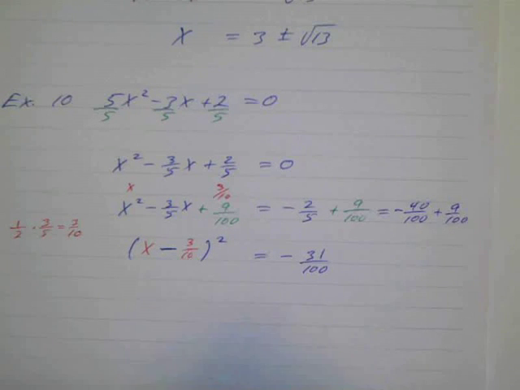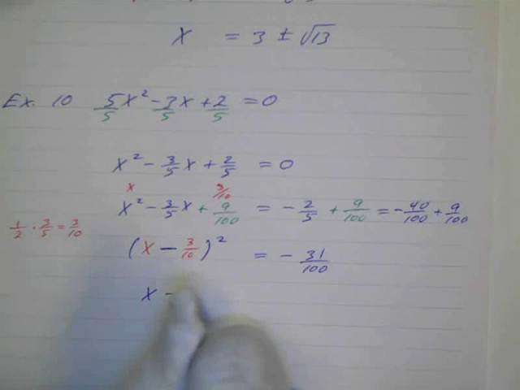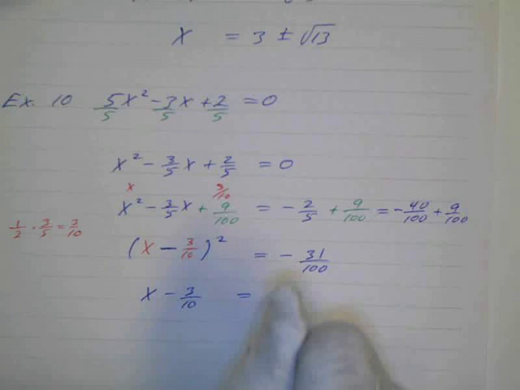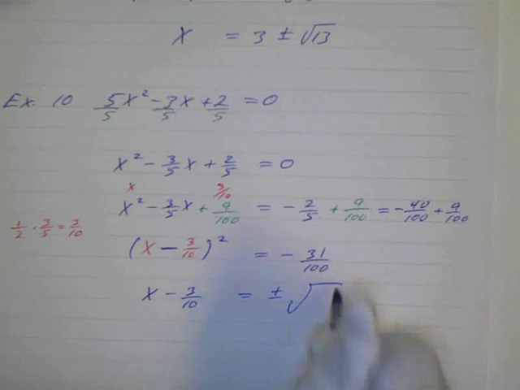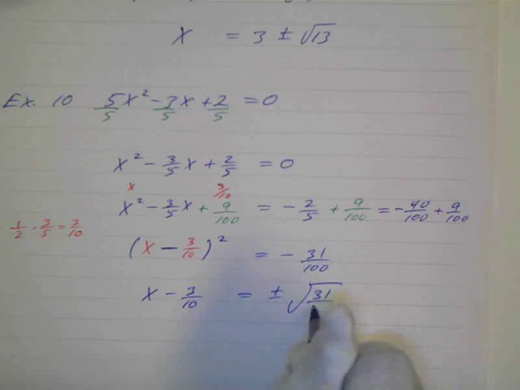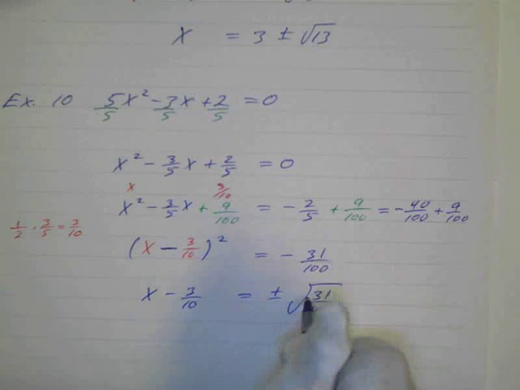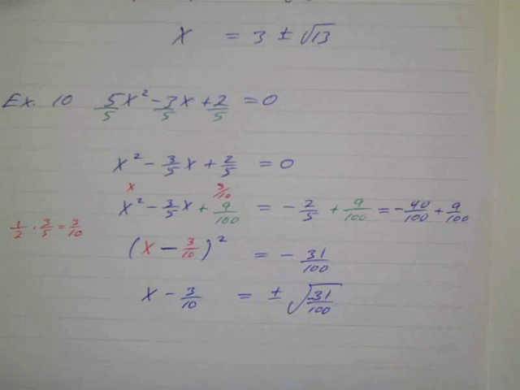So if x minus 3 over 10 squared equals negative 31 over 100, then we know that x minus 3 over 10 equals plus or minus the square root of negative 31 over 100. Don't forget that negative sign, that's important. And what do we have to do?